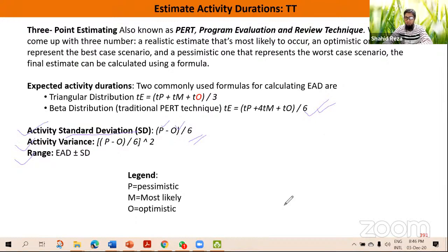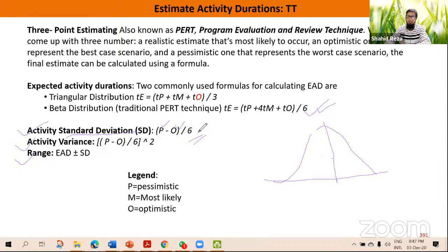So what does standard deviation actually mean? That means how much the data is distributed from the mean or the average. So if the standard deviation is very high for one activity, that means risk is high for that activity. I am talking about the interpretation of standard deviation. So after calculating standard deviation using this formula, if you find that the value is high, that means the risk for this activity is high.